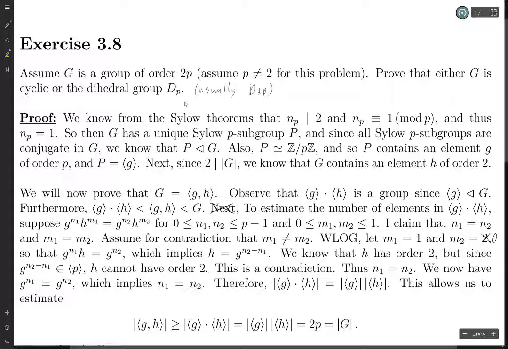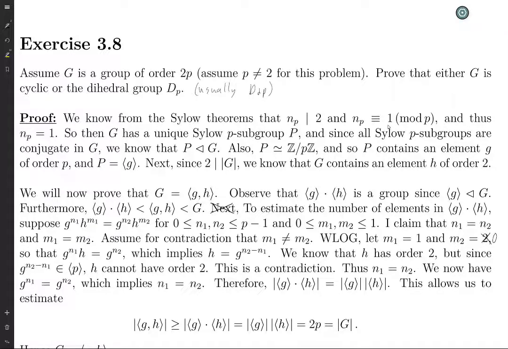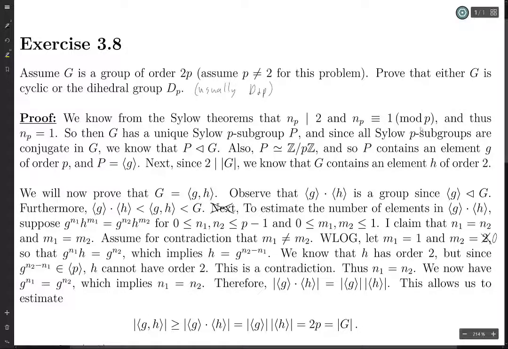We know by the Sylow theorems that the number of Sylow p subgroups divides 2 and is congruent to 1 mod p. Because we're assuming that p is a prime which is not 2, if you start at 1 and go to the next thing of the form 1 mod p, the next thing you get to is p plus 1, which is already larger than 2.